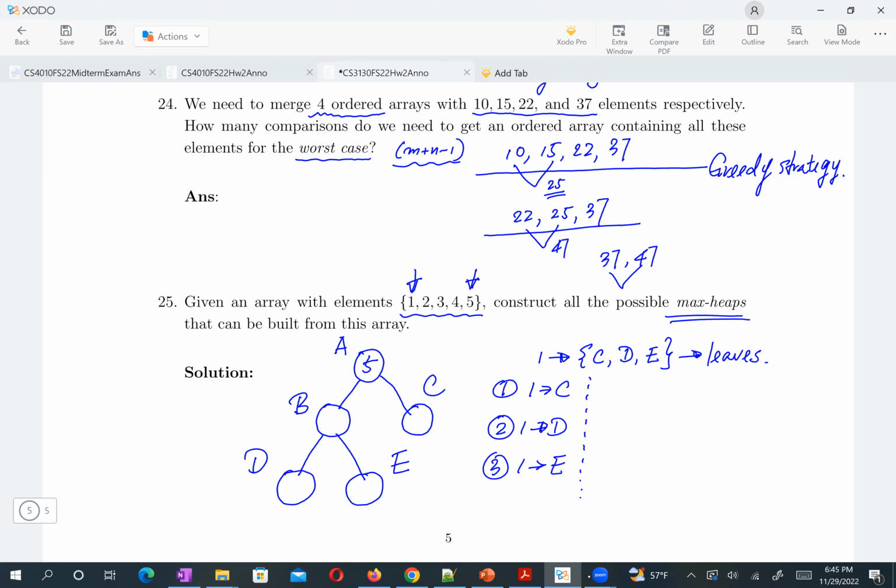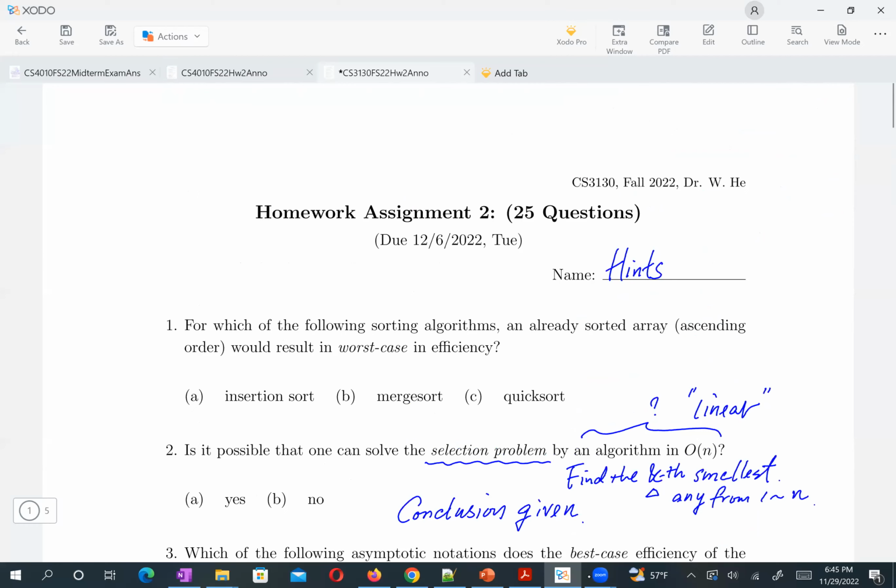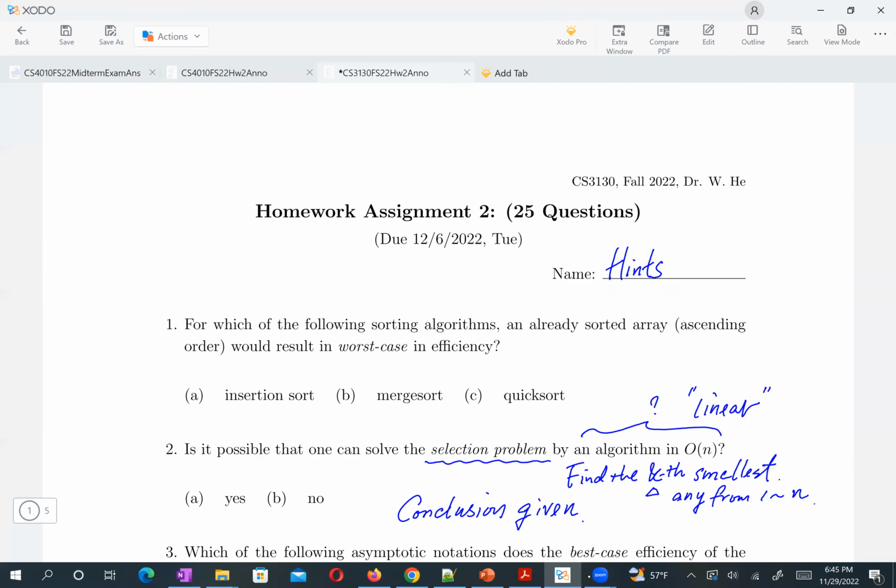So that's pretty much all the hints I can give you for this assignment. I hope after I give you the hints, if you can understand my explanation, you can complete this assignment with some good result.